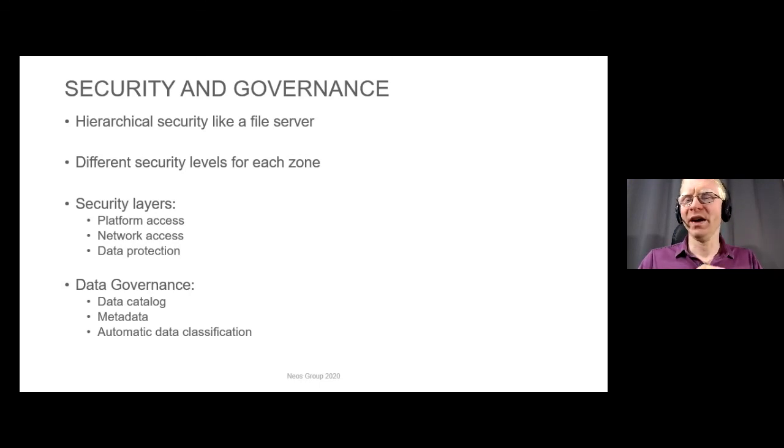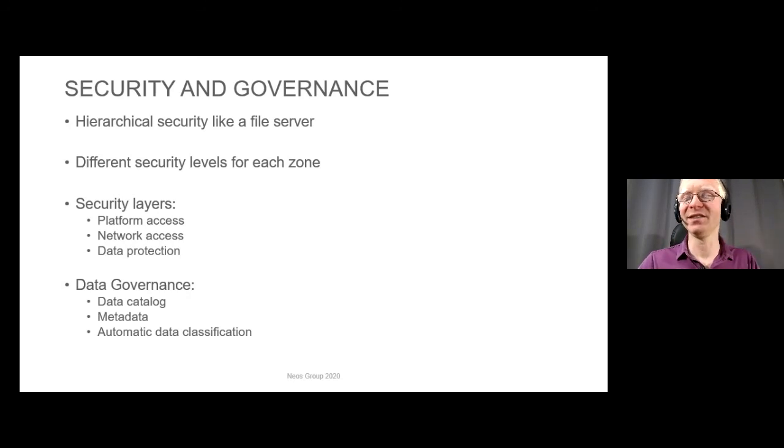Because this asset is very important for a company, it holds all your data, you need to have good layers of security. Here are 3 examples of those layers. The first one is the platform access. We want to separate the authentication, so who logs in, and the authorization: what are the access and rights that this person has?